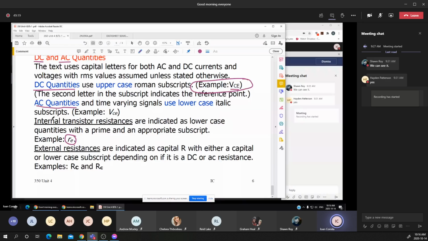In the AC, we may see the voltage between the collector and emitter, but you notice that the collector and emitter are given as lowercase, sometimes italic, which means that all these quantities are related to the collector-emitter AC quantities.